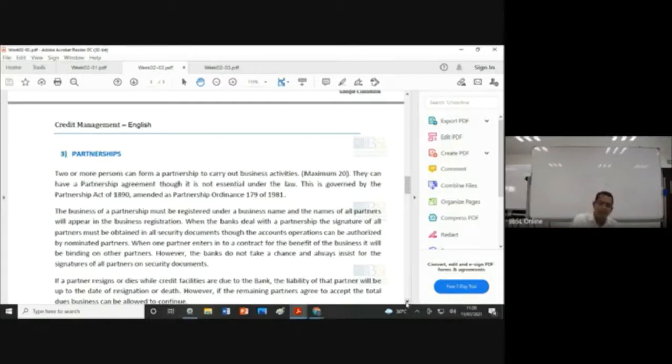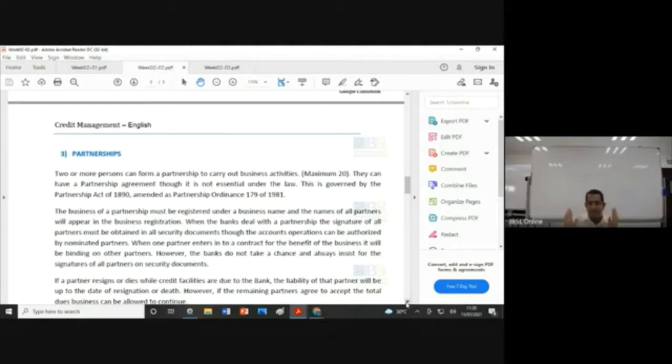It is governed by the Partnership Act of 1890 or Partnership Ordinance 1891. You can have a maximum of 20 people together. A partnership agreement is not necessary. You are allowed to operate the business.